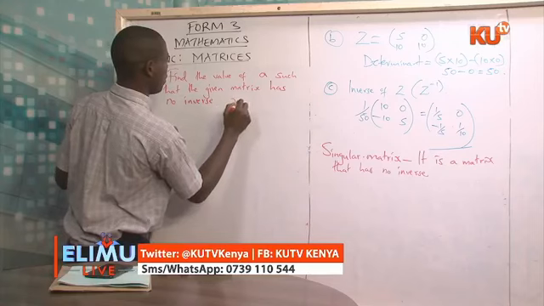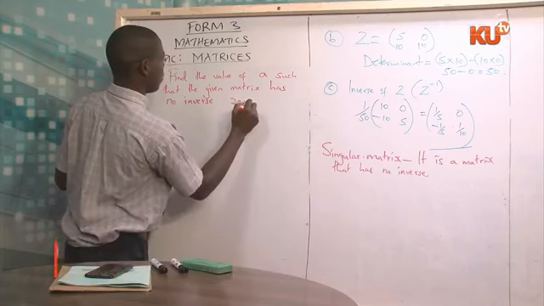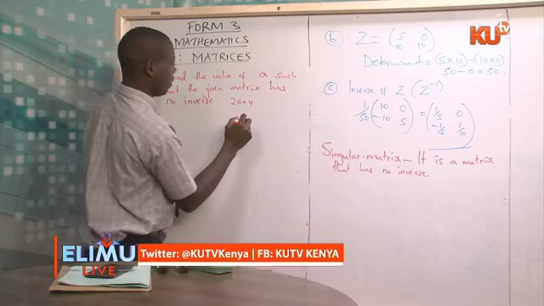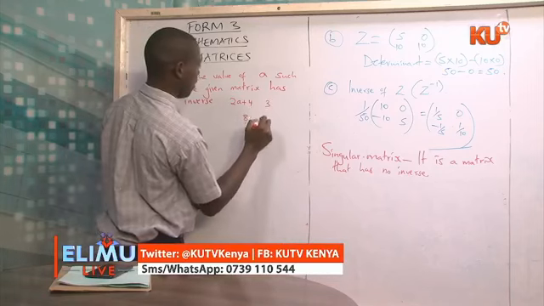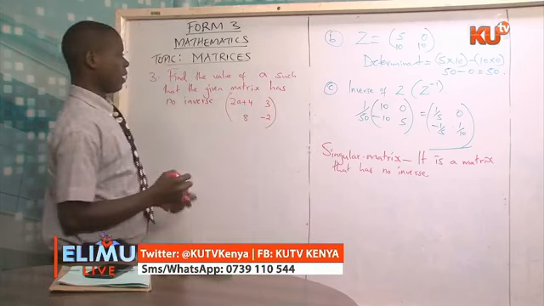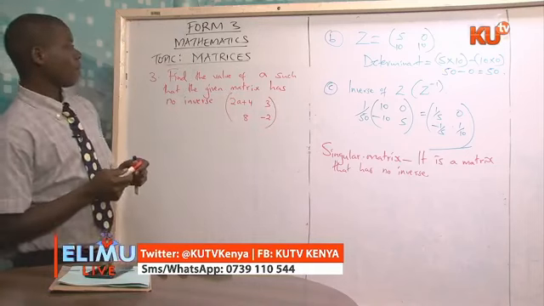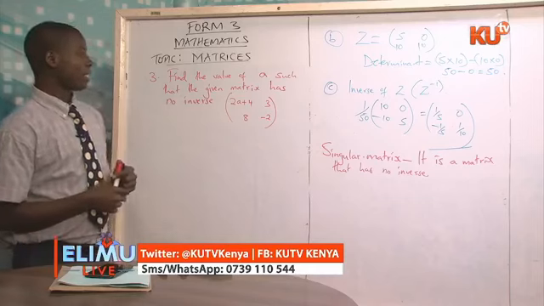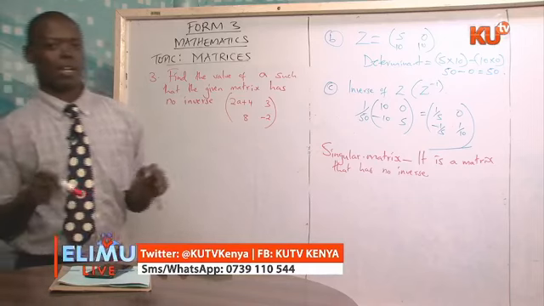So you have 2A plus 4, then we have 8, 3, and negative 2. We find the value of A such that the given matrix has no inverse.